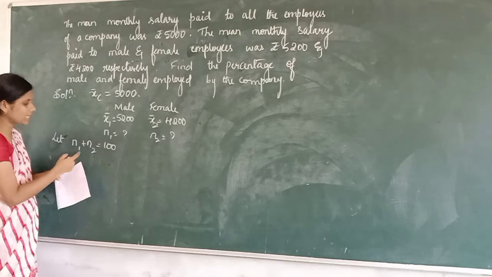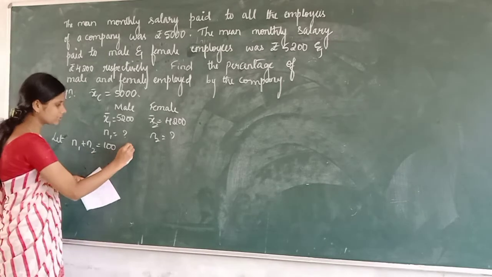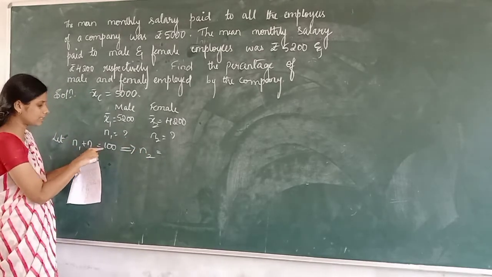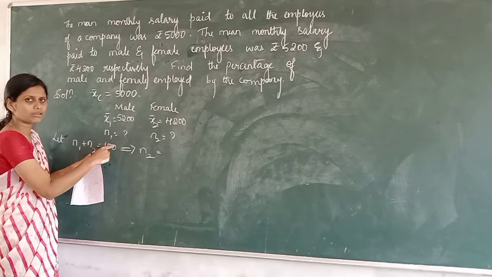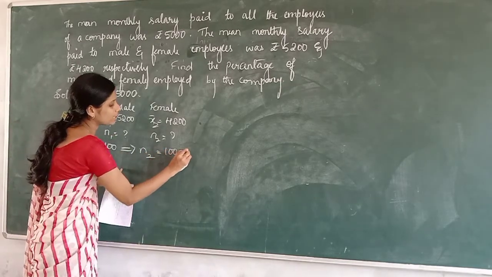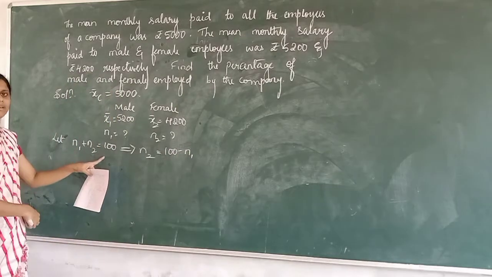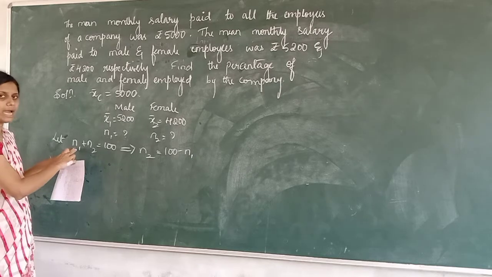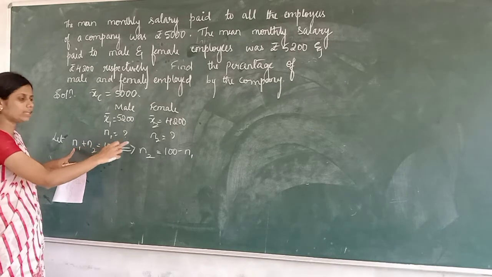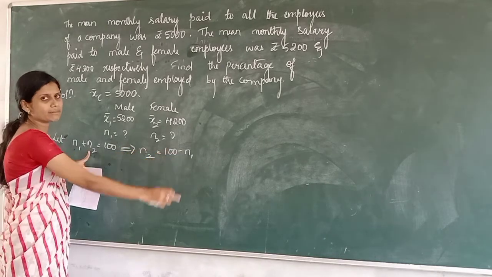If you want to know N2, the number of female employees, when you take N1 to the right hand side, plus will become minus. So N2 is equal to 100 minus N1. This is what is given in the question. When you add the number of male and female employees, the total should be equal to 100, and the number of female employees is 100 minus N1.